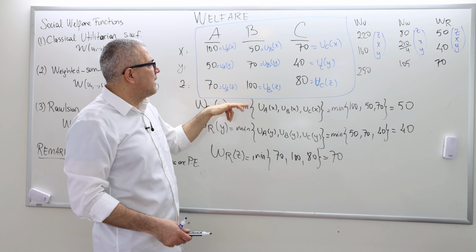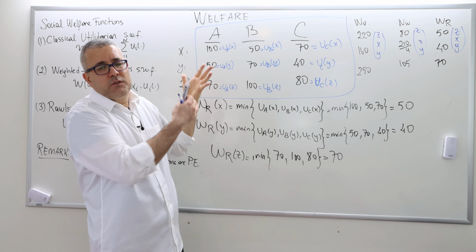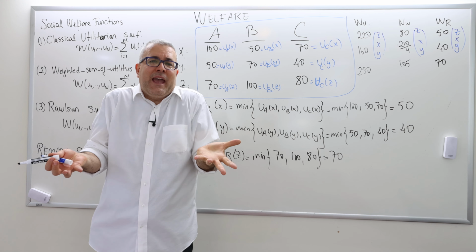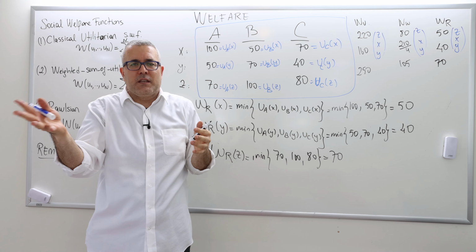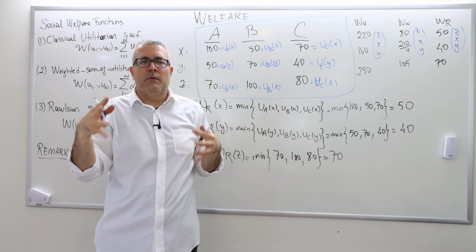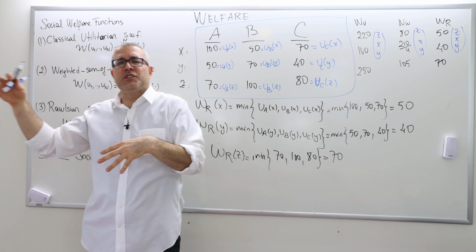If we give Y or X, A, B, C will receive the same X, all right? So that allocation applies to everyone in the society. So there's a policy and the policy applies to everyone. It's not like I give one agent one policy, another agent another policy.